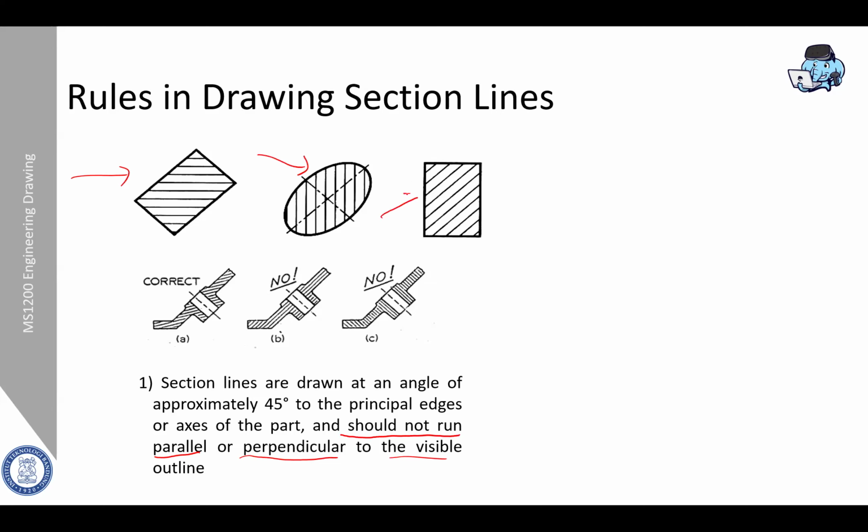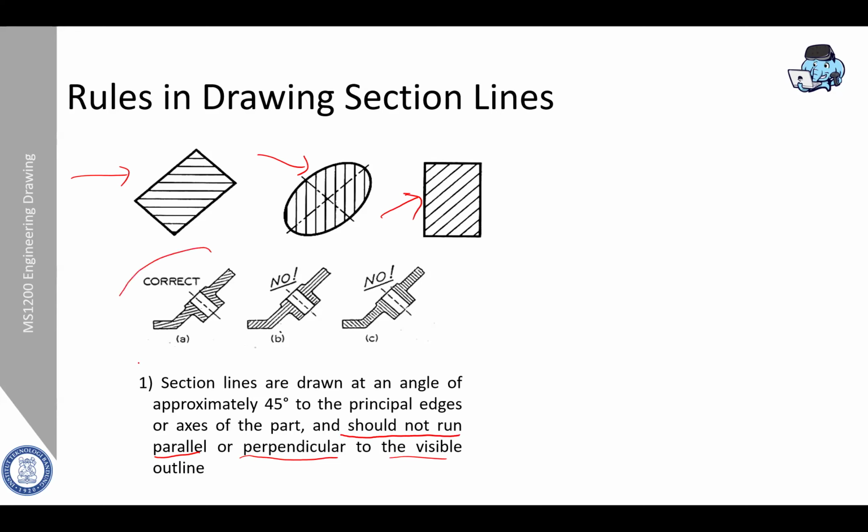The section line is drawn at almost 45 degrees to the principal edges, and not parallel or perpendicular to the outlines.